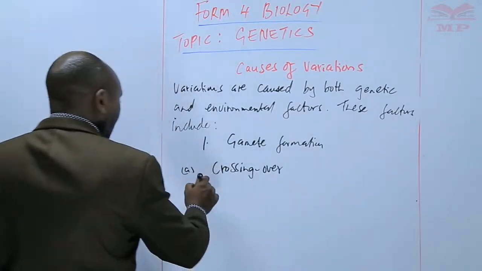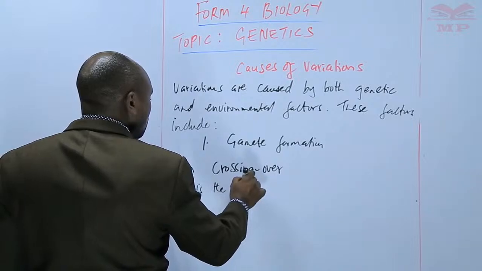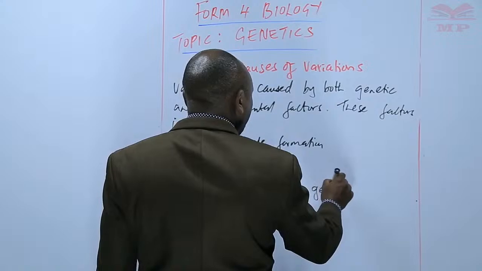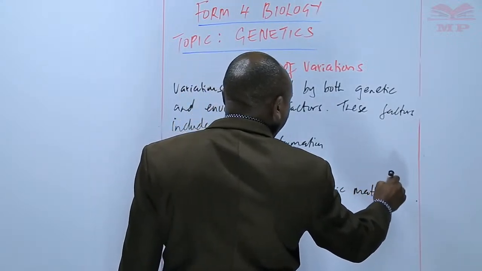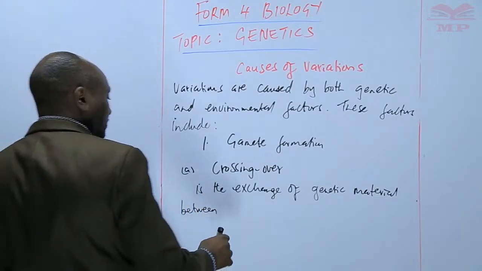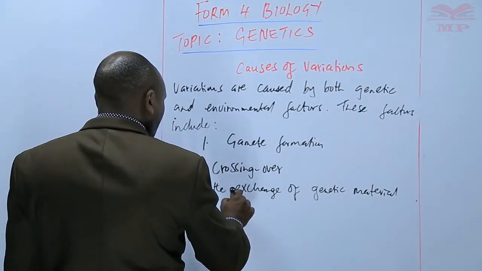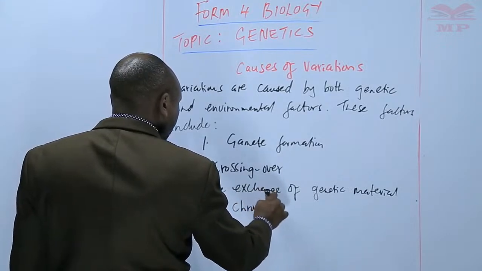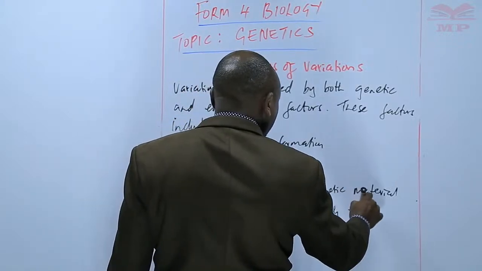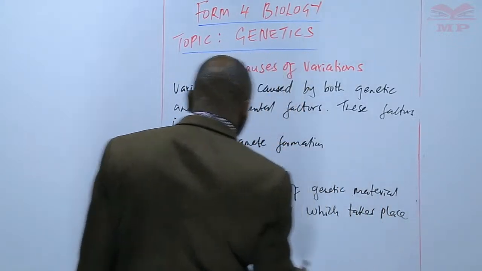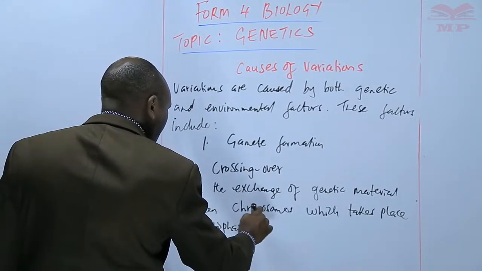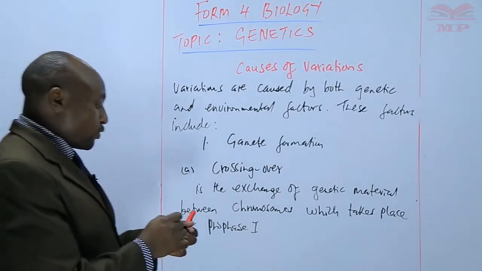And this crossing over is the exchange of genetic material between chromosomes, which takes place at prophase 1. Prophase 1 is the prophase of meiosis 1.